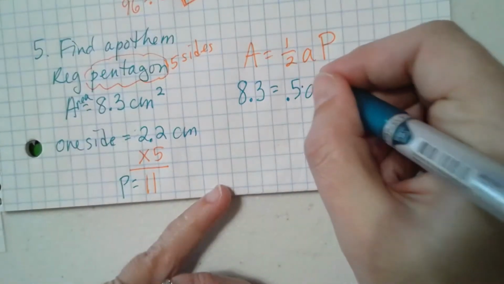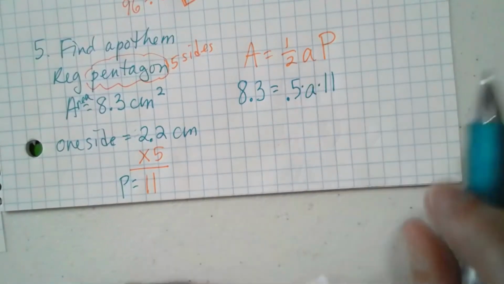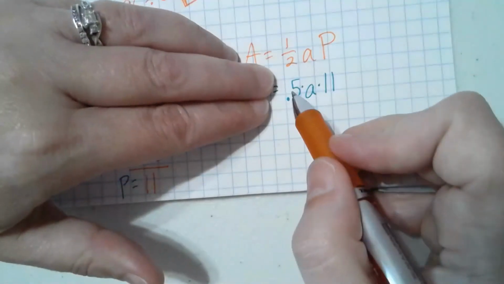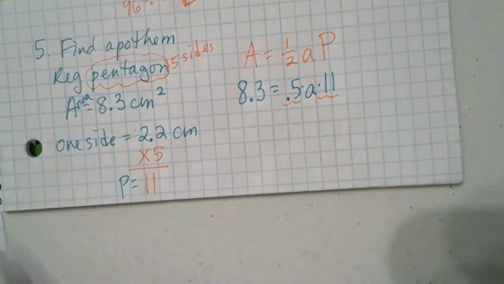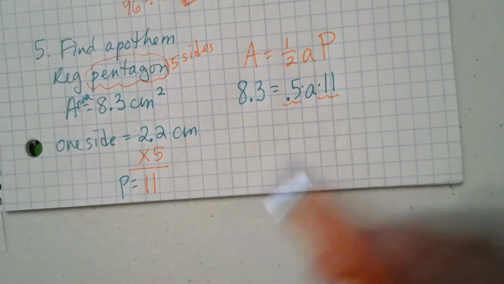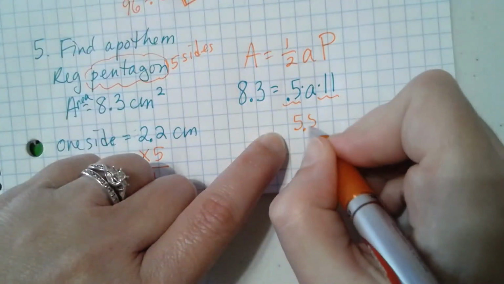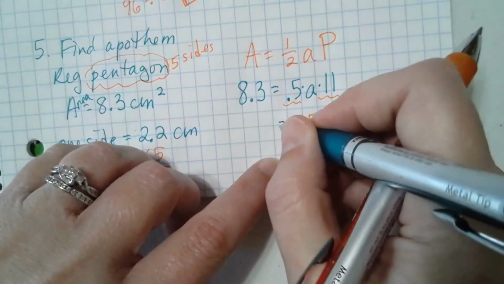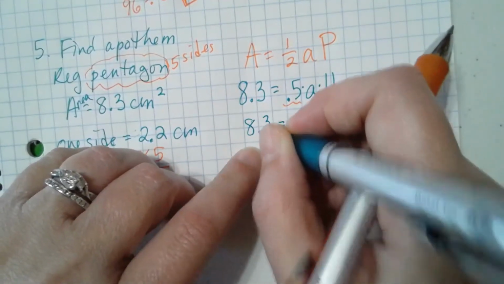So we're solving for little a right here in the middle. We're going to do essentially the same thing that we did before. On this side, I've got 0.5 times 11. I'm just going to multiply those two together. 0.5 times 11 gives me 5.5. So we have 5.5 times little a equals 8.3.